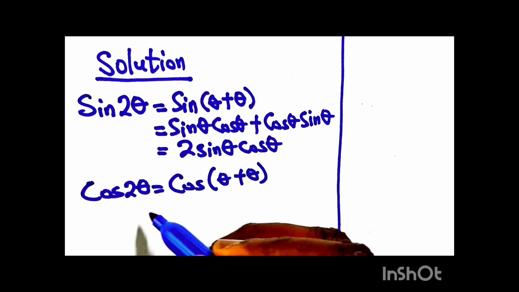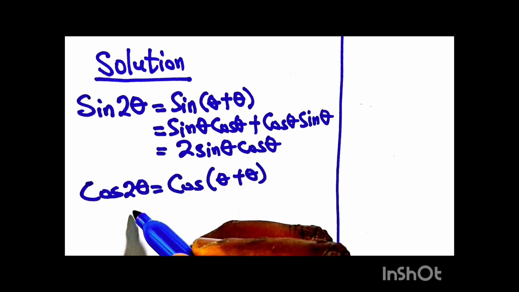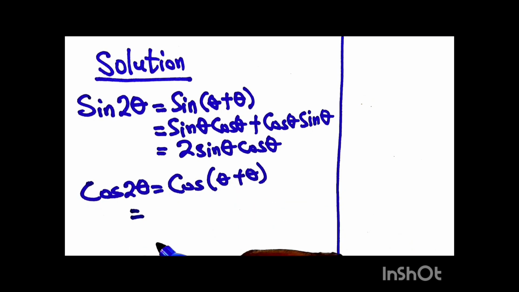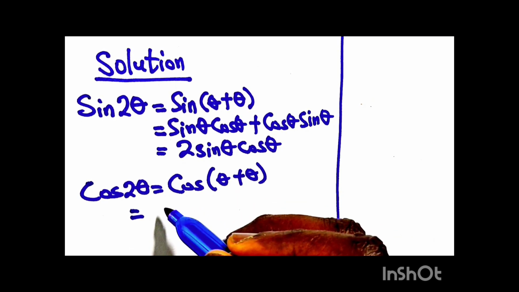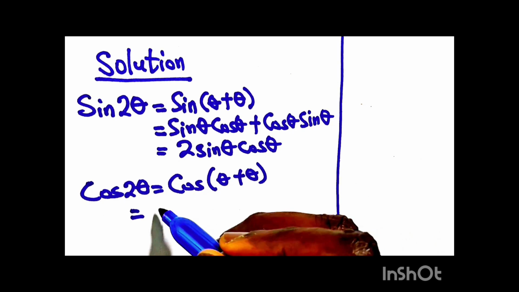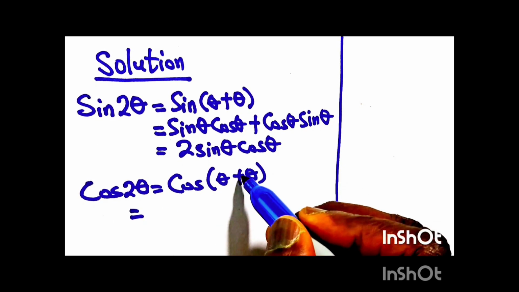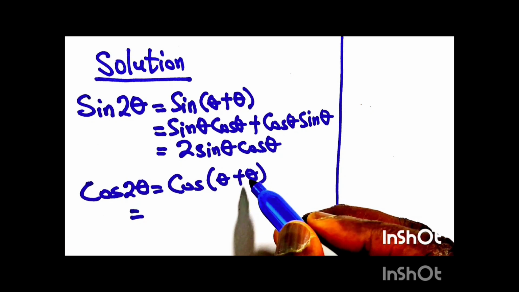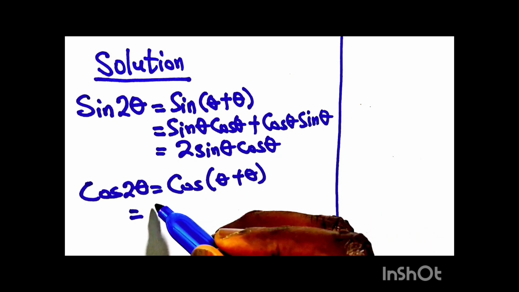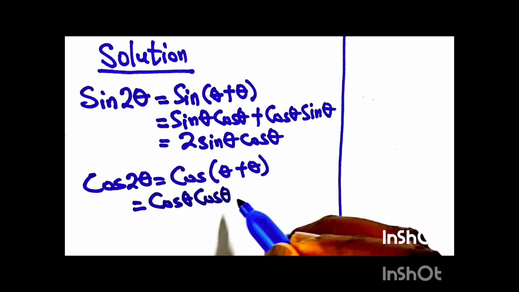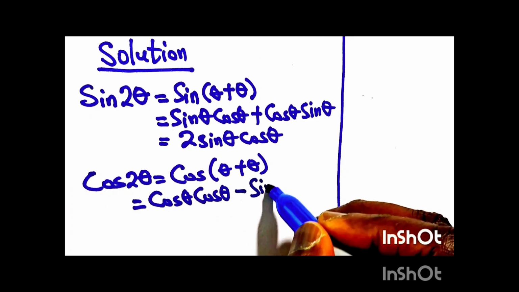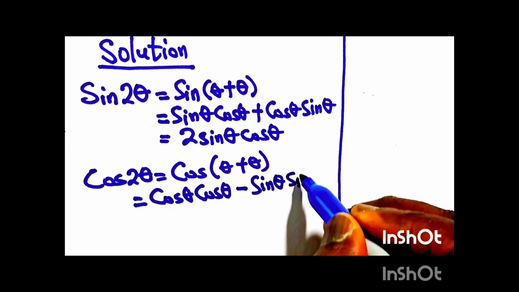If we expand this, it is going to be a little bit different from sine 2 theta. What do we see there? You're going to come with cos, then you come with sine, and the plus sign changes to minus. So in that way, we have cos theta cos theta minus sine theta sine theta.